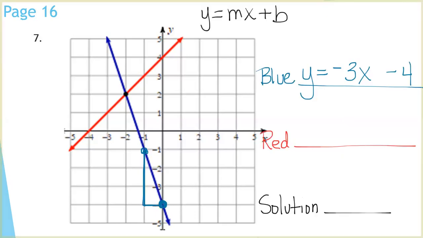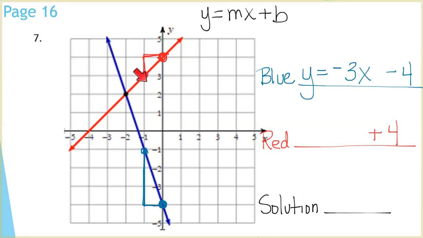Now the red line crosses through the y-axis at positive 4. And again, we're going to look for where it crosses through the grid. It crosses through right here. And I'm noticing when I trace this line it's going up, so it has a positive slope.